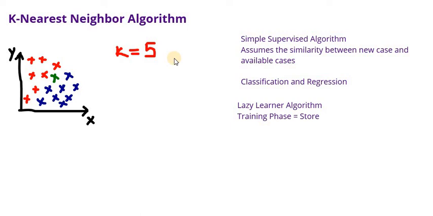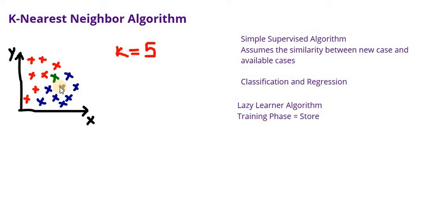The next thing you need to do is calculate the distance between the various points, the distance between the data available here. This is the new data you are going to add. You are going to find the distance between this data and all the other data available here.